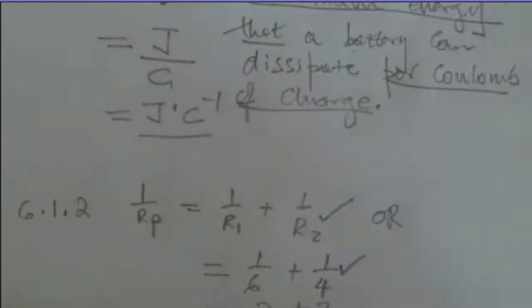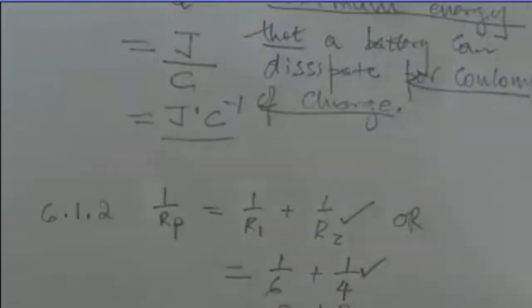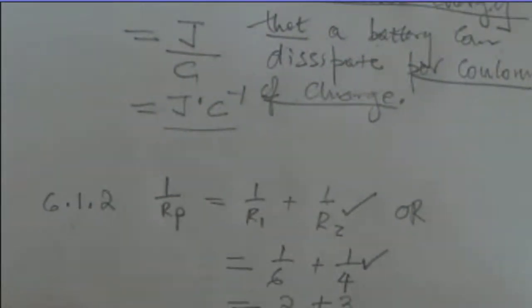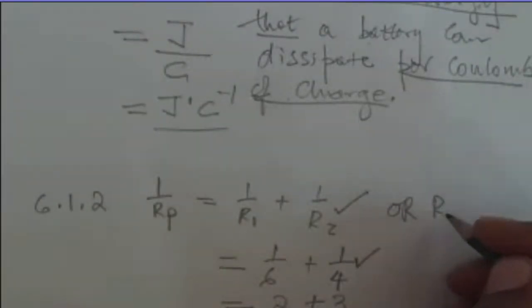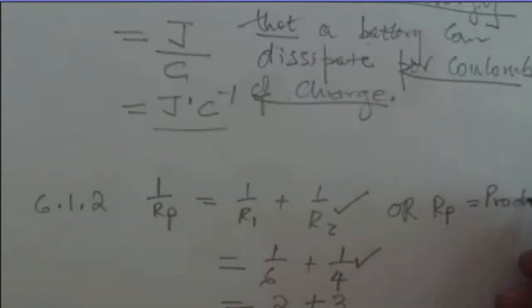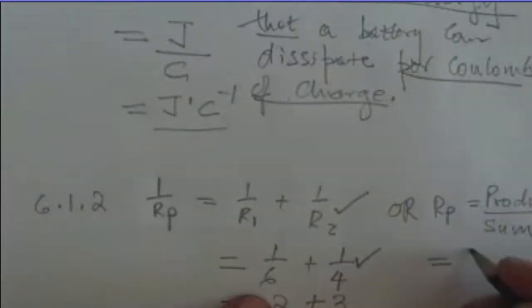Or we can use that method, but this method can only be used if I'm having 2 resistors. R parallel will be the product over sum. So product will be the multiplication of the 2 resistors, which is going to be 6 multiplied by 4.